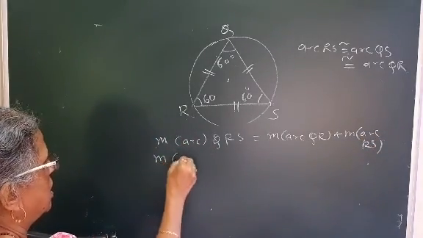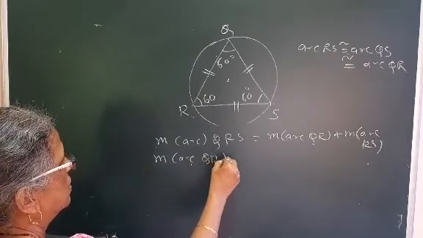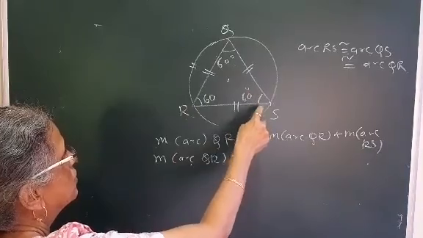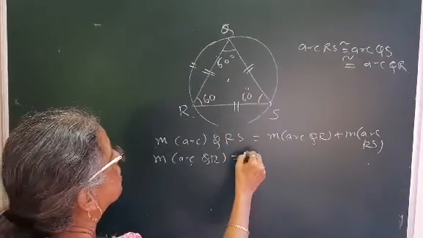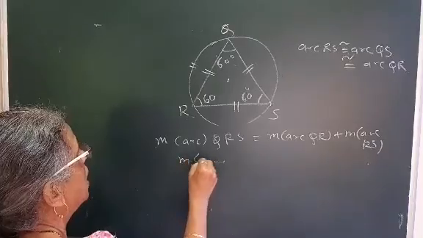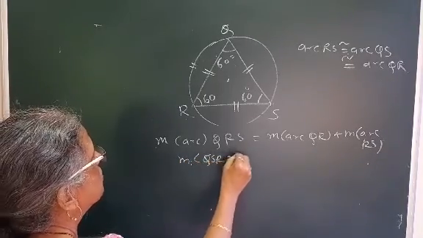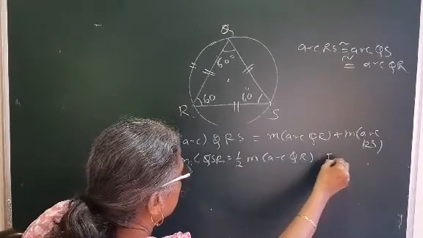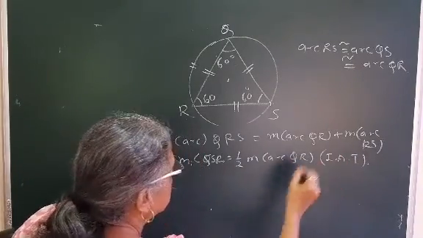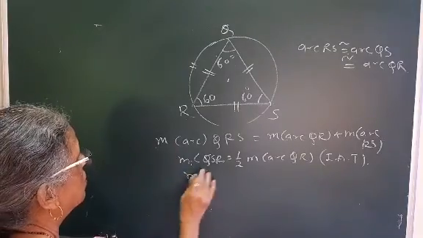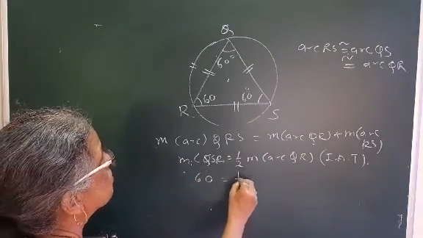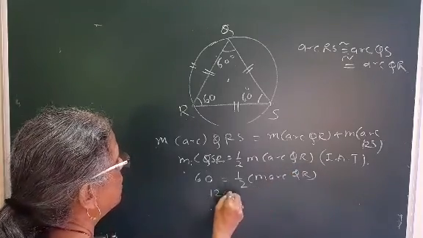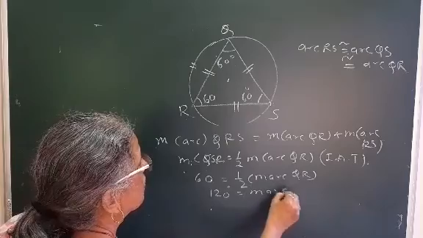So angle QSR is equal to half major arc QR. That is the inscribed angle theorem that we are going to see in the next page. So angle QRS is 60 degrees, equal to half major arc QR. So that will be 120 degrees, major arc QR.